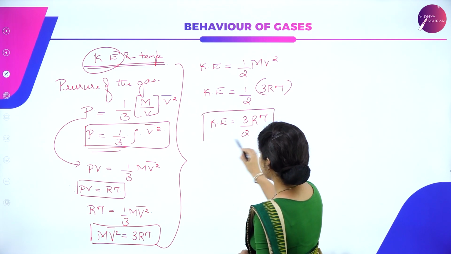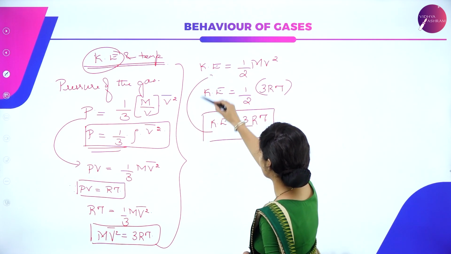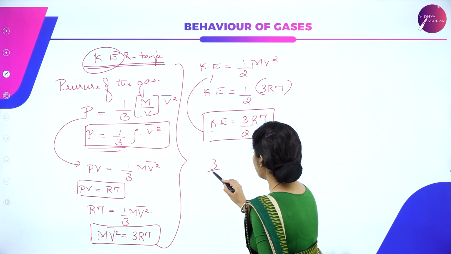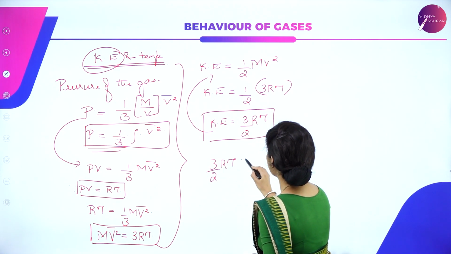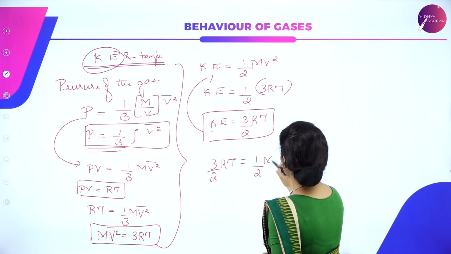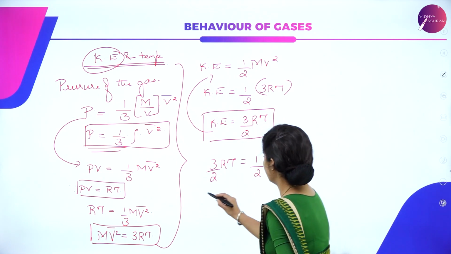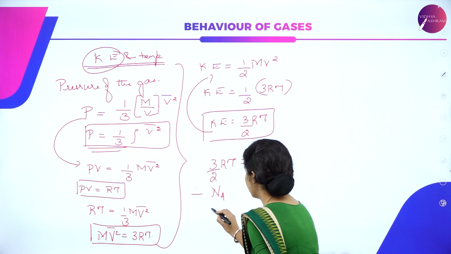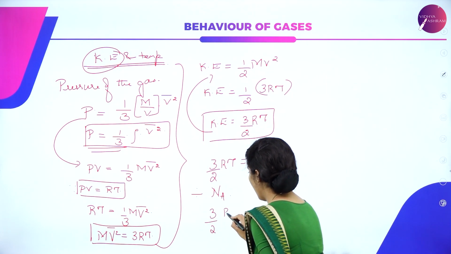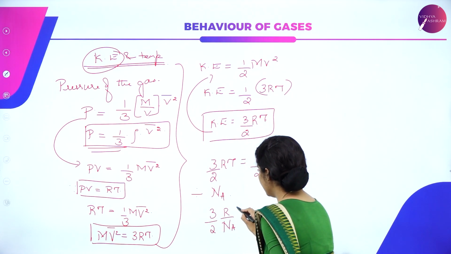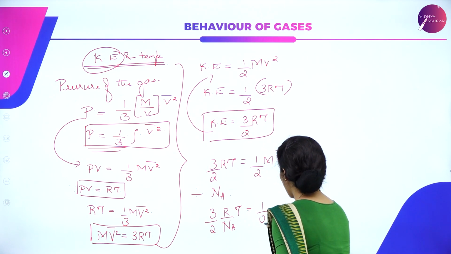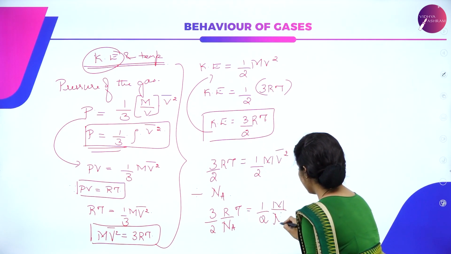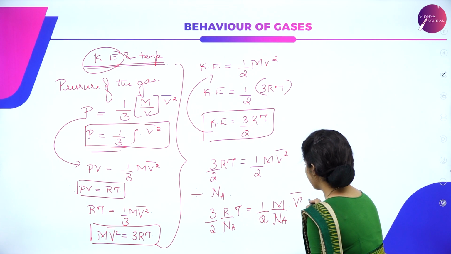So equate this kinetic energy equation with respect to this. We have 3 by 2 RT divided by half m v bar square. So divide this equation throughout by Avogadro number. We have 3 by 2 R by Na into T is equal to half m by Na into v bar square.